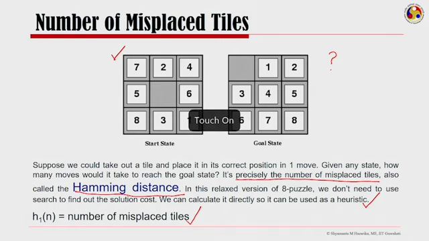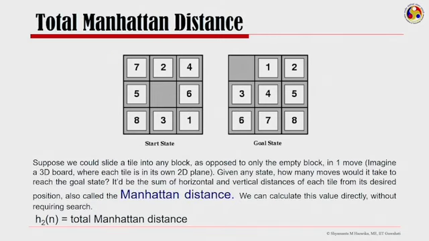The other heuristic that we were talking of is where I assume in a relaxed state that each tile can move in its 2D plane, and these 2D planes are stacked one above another to make the whole problem. So 7 can move from its current position up there, come down to this level, and then move here onto this level.